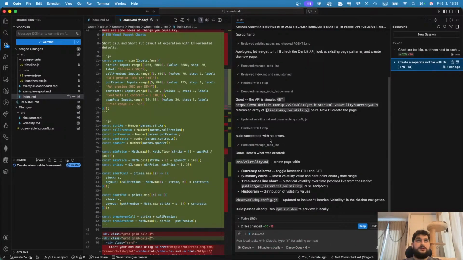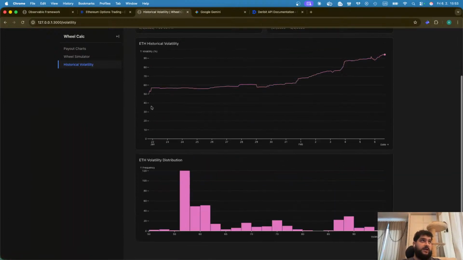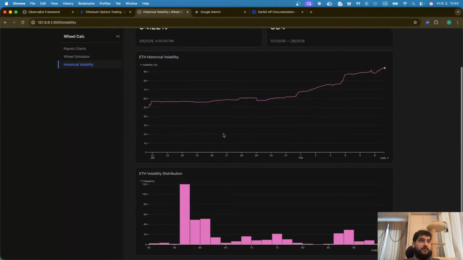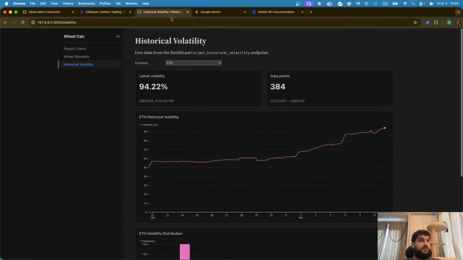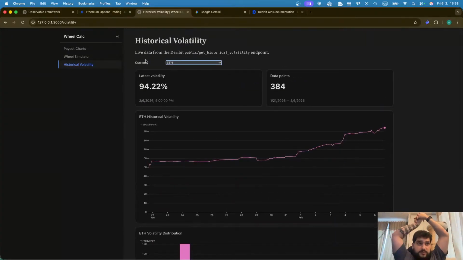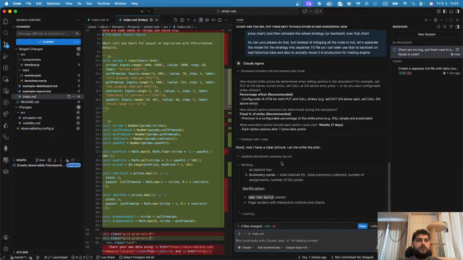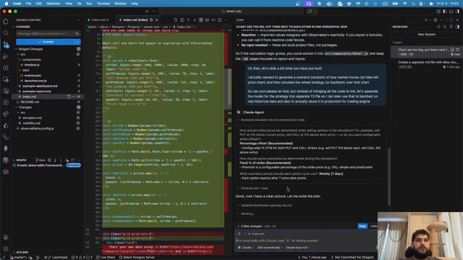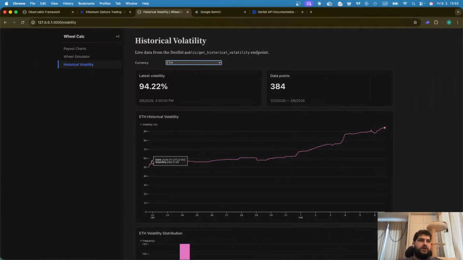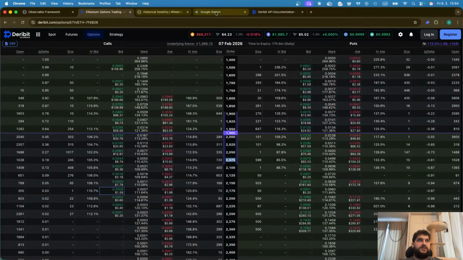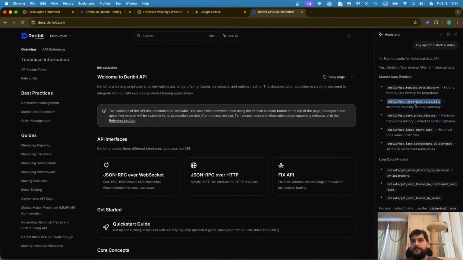Okay, so we have this separate file for visualization. It's called volatility now, but yeah, it will be called differently. But it's not something that will be really helpful because it's only 1 month of data, as you can see. So we are going to have to have something else, but yeah, let's see. It was just an example, just a test. We have a price history, 5 minute mark price history, historical price index chart data.